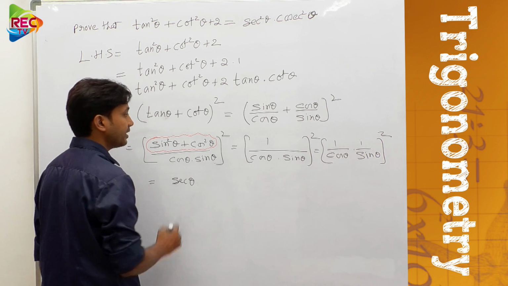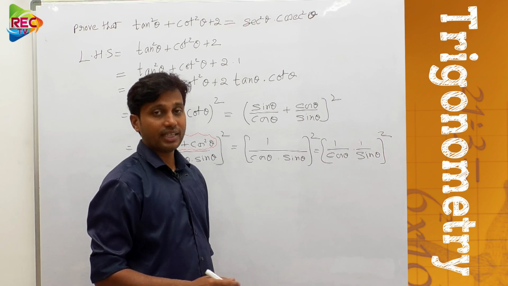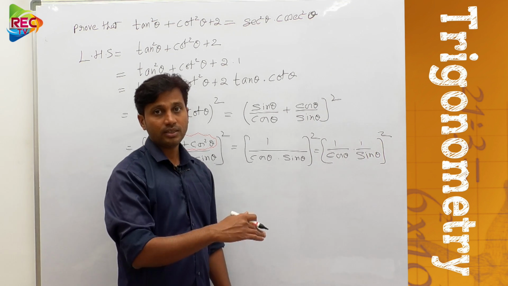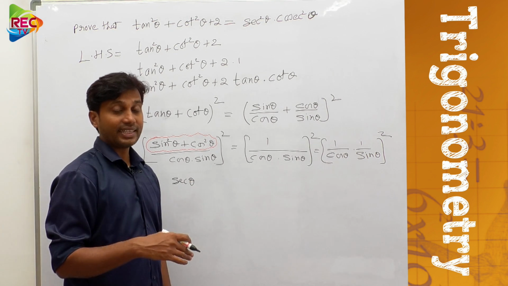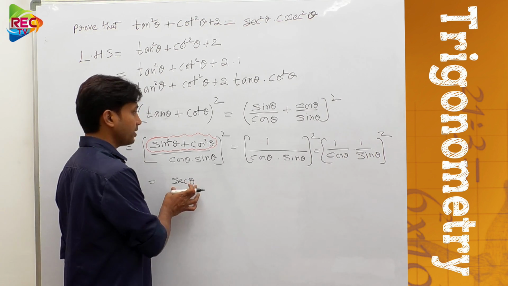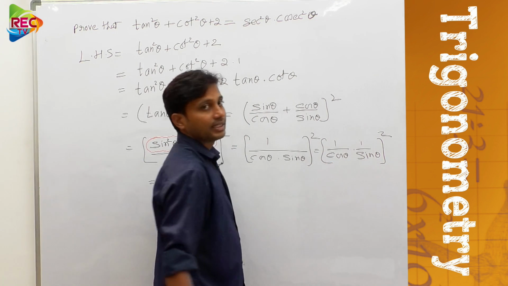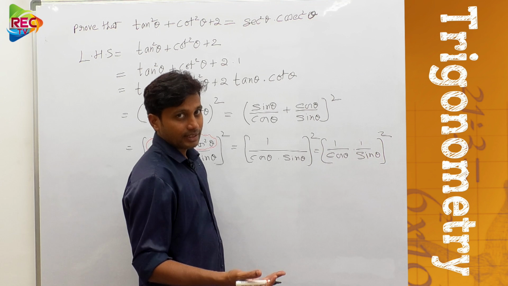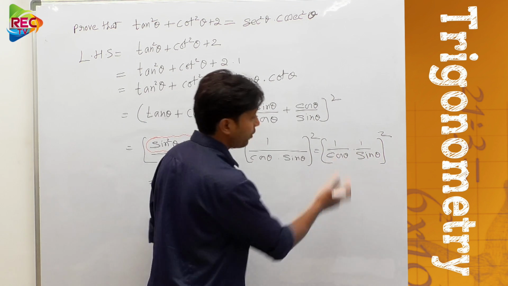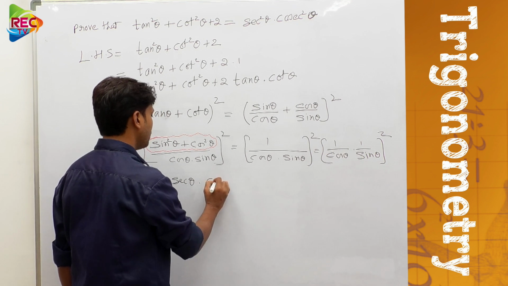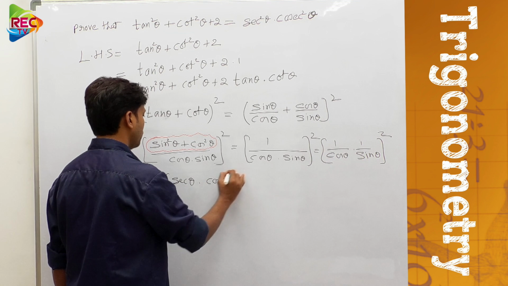Yes, secant theta, because cos theta and secant theta are reciprocals of each other. So cos theta can be written as 1 by secant theta, or secant theta can be written as 1 by cos theta. Then 1 by sin theta: sin theta is a reciprocal of cosecant theta, so 1 by sin theta can be written as cosecant theta, to this whole square.